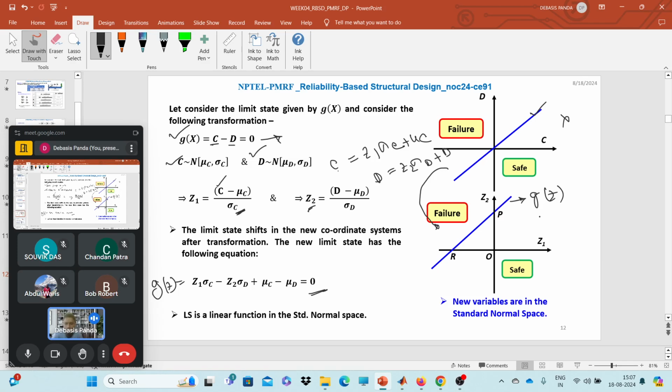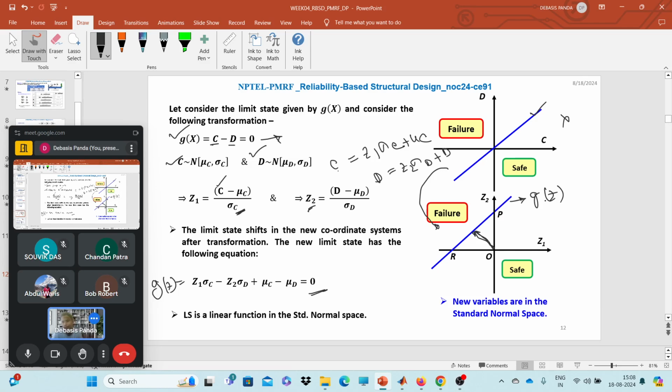First we need to understand the definition of the Hasofer-Lind reliability index. The definition says it is the shortest distance from the origin to the limit state function in the standard normal space. That means we need to find this shortest distance from the origin, and then we will get beta.